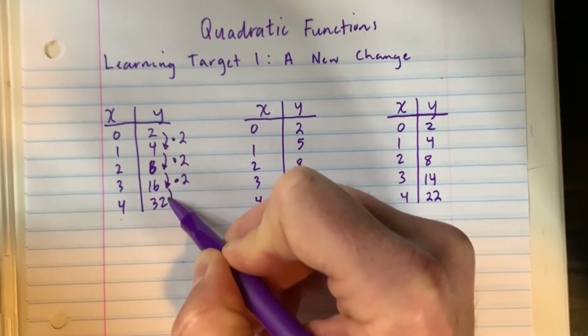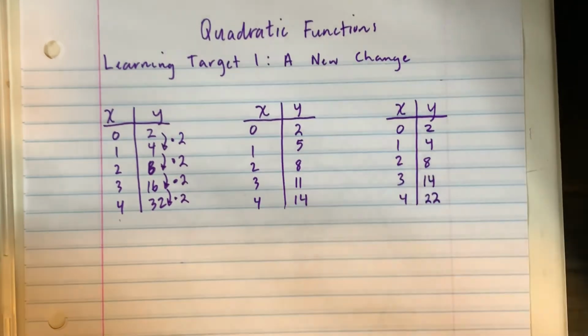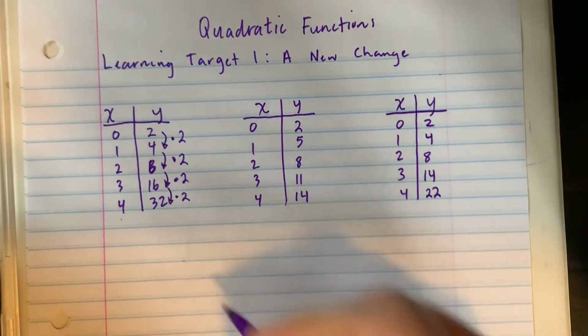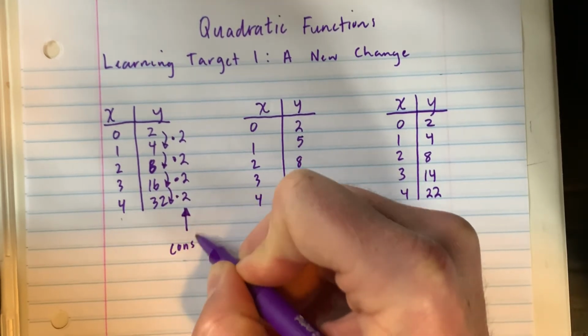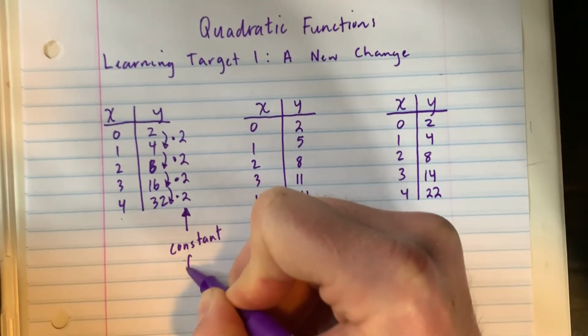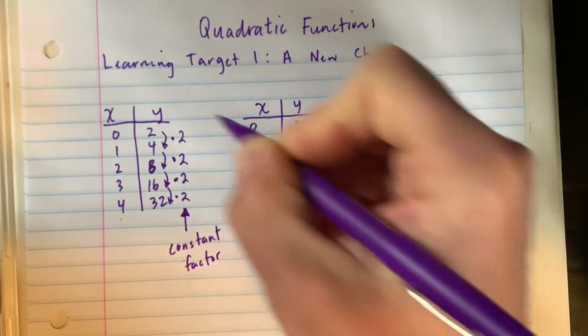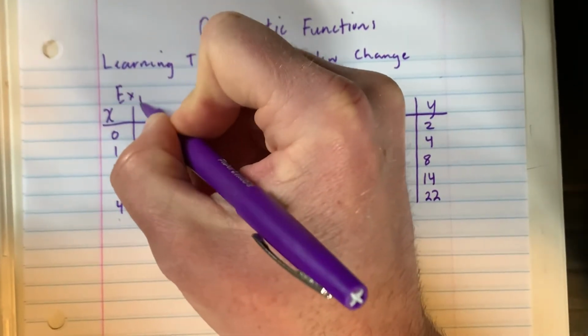And we know when outputs double or increase by a constant factor, we know those are exponential functions.